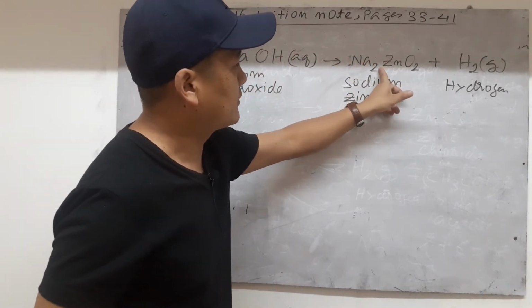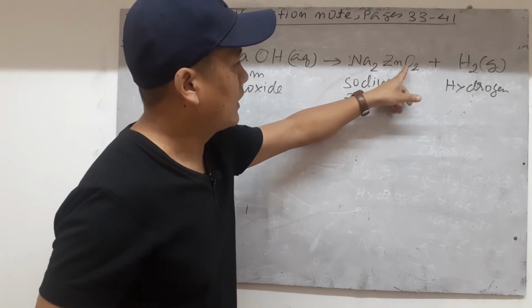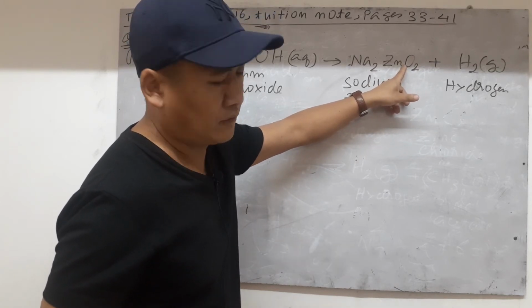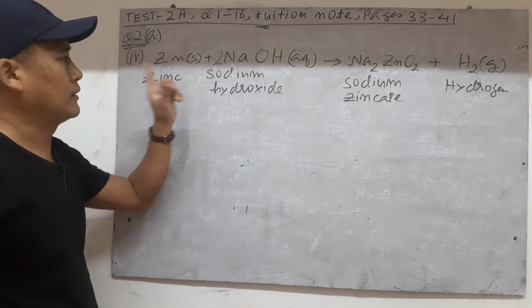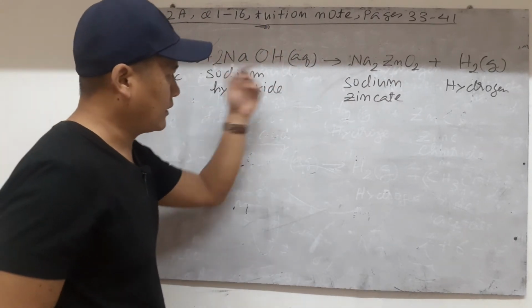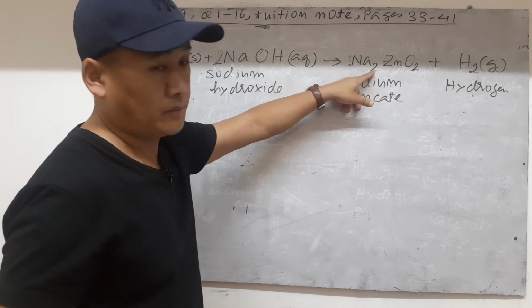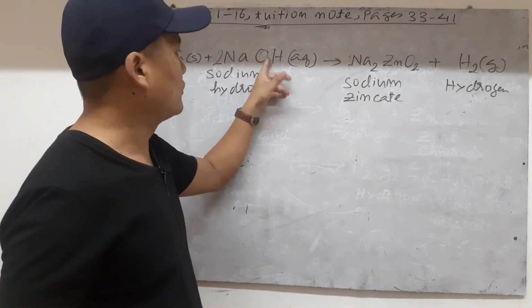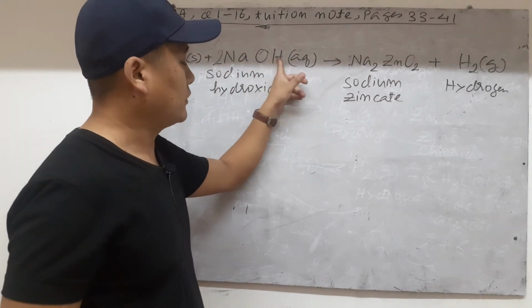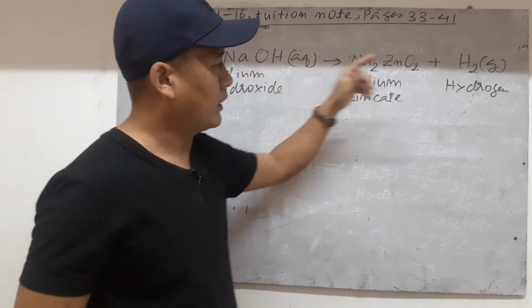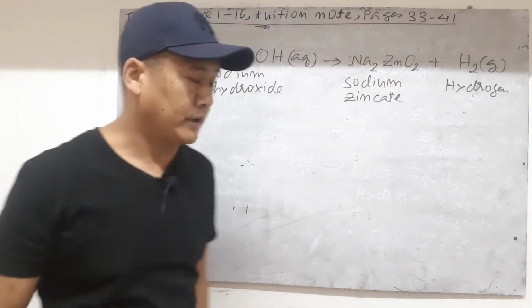Don't look at this number, this belongs to Na, this belongs to O. For zinc, no number means 1, so 1 zinc atom on the right side, left also 1 atom. 2 sodium atoms on left side, at the back of Na, 2 sodium atoms on right. 2 ones are 2 oxygen atoms on left, 2 oxygen atoms on right. 2 ones are 2 hydrogen atoms on left, and clearly 2 hydrogen atoms on the right.